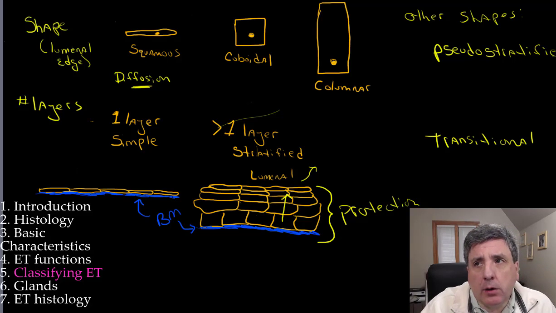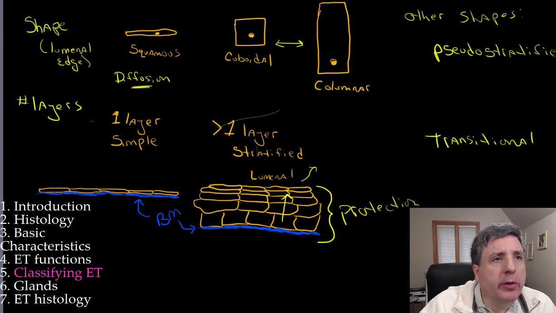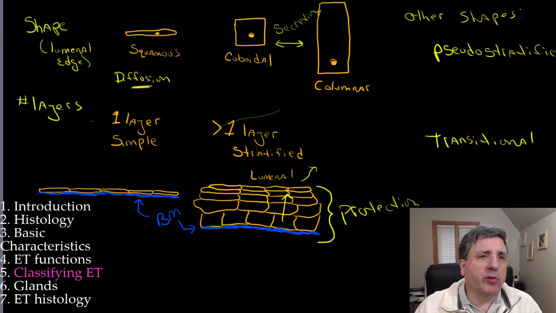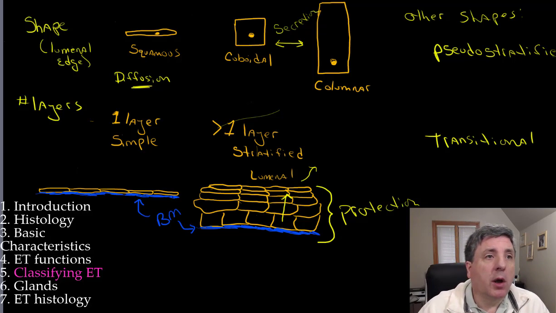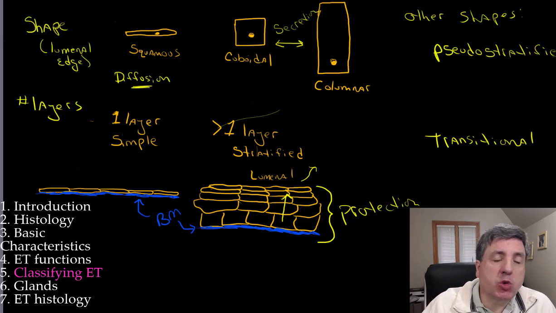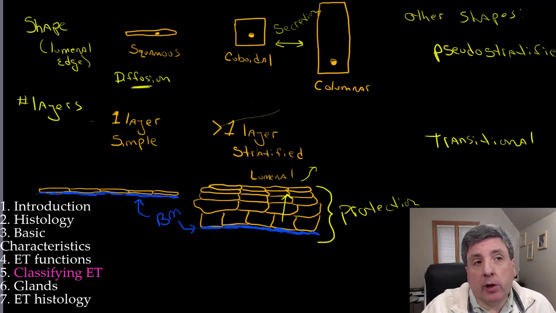Cuboidal and columnar, both of these together, okay, deal with secretion. Okay, so secretion. So this is where it's going to be secreting mucus. It can be secreting hormones, sweat, different things like that.